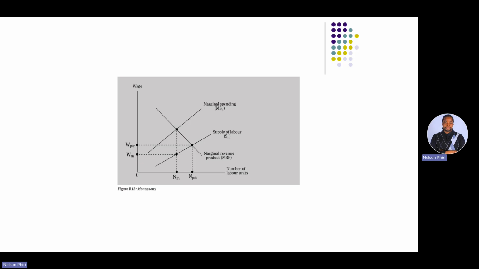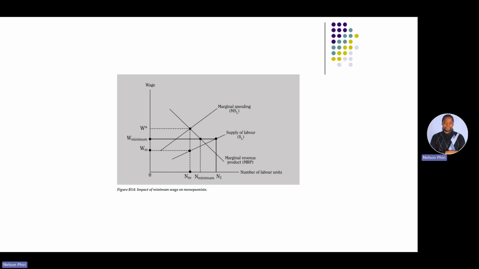For the perfectly competitive market, we look at where the supply curve intersects your MRPL. You can see the impact is that in a perfectly competitive market, more workers are employed, which is shown by the difference between NM and NPC, and the wage rate is also higher, shown by the difference between WM and WPC. PC being the perfectly competitive market, compared to the monopsonistic market that we have there.